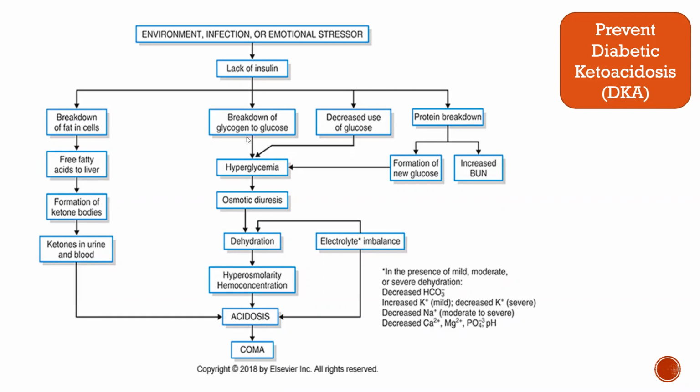So with the lack of insulin, they have a breakdown of glycogen into glucose, anything that might have been stored. And they have hyperglycemia, osmotic diuresis, right? Then they become dehydrated, they become hyperosmolar and hemoconcentrated. So despite what they're orally taking in and eating, your body's unable to utilize it.